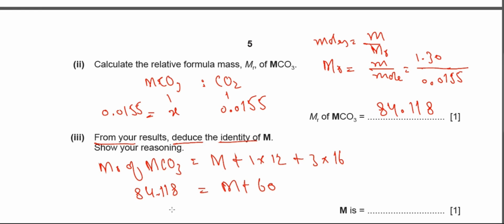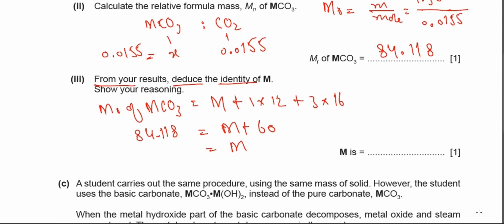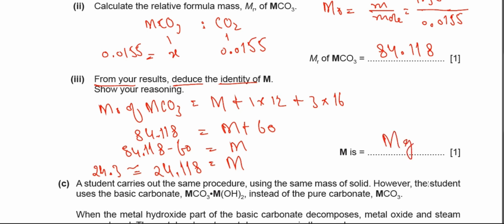To find M, 60 goes to the other side and is subtracted: 84.118 minus 60, and finally this will give us 24.118. So it is approximately 24.3. That is the atomic mass of magnesium, so we can say it is Mg, magnesium.